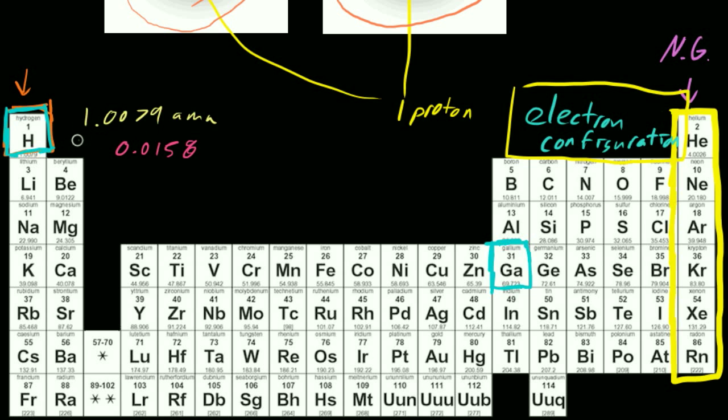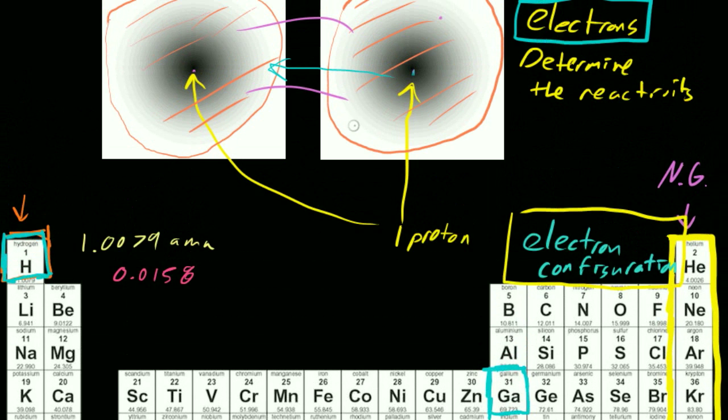I don't want to say limit, but there is some trait about a hydrogen atom which prevents it from having as many electrons around it as gallium. And you could say that trait is probably because there's only one proton in the nucleus and there's only so much attractive force for that electron to stay around that nucleus.